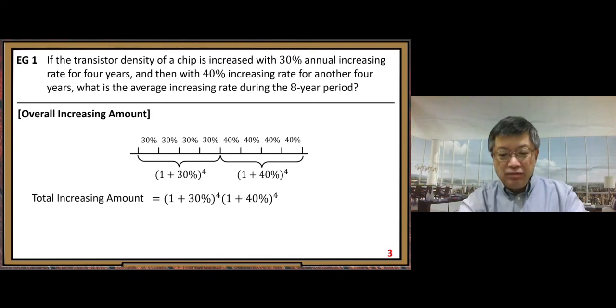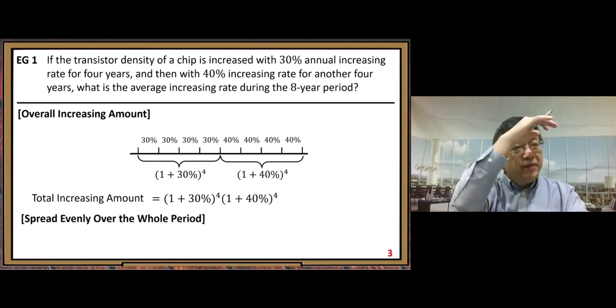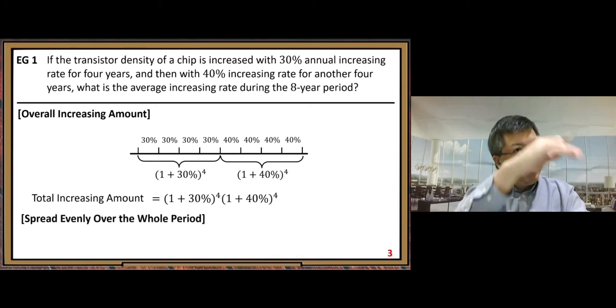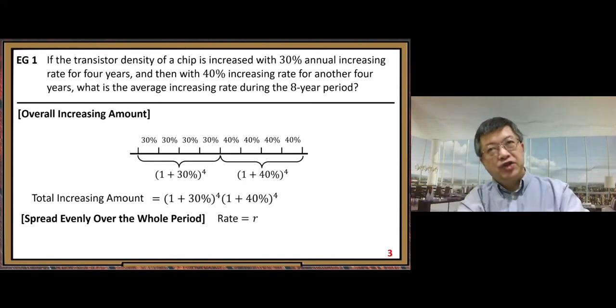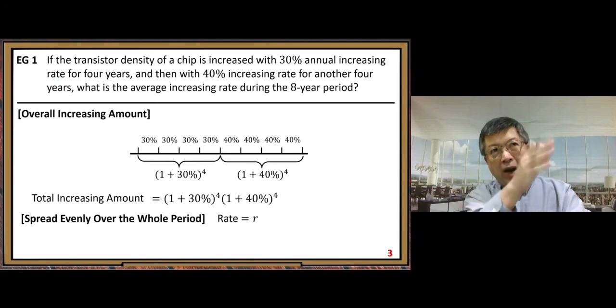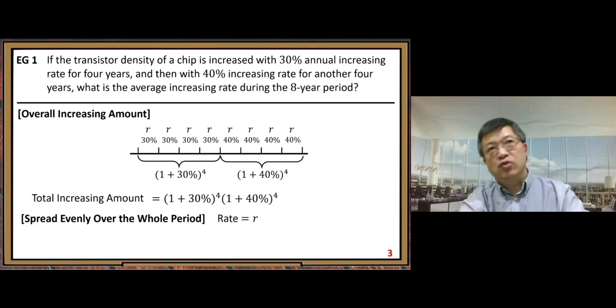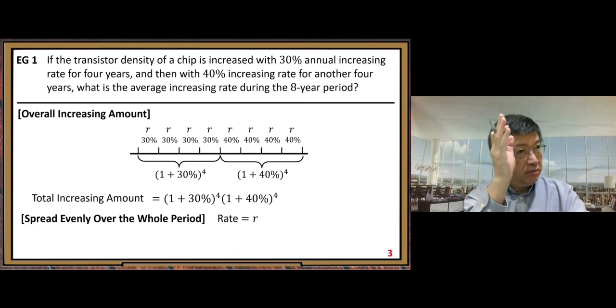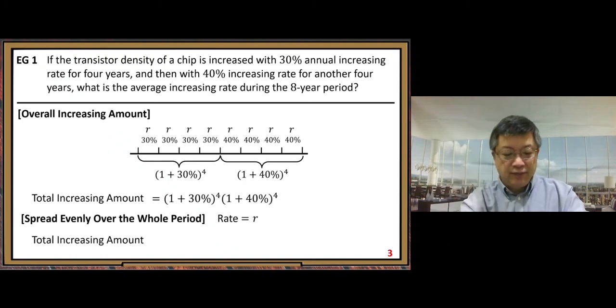Now we imagine during this 8-year period, we have an even, fixed increasing rate R. This increasing rate R is applied every year for 8 consecutive years. So what is the total amount during that 8-year span?